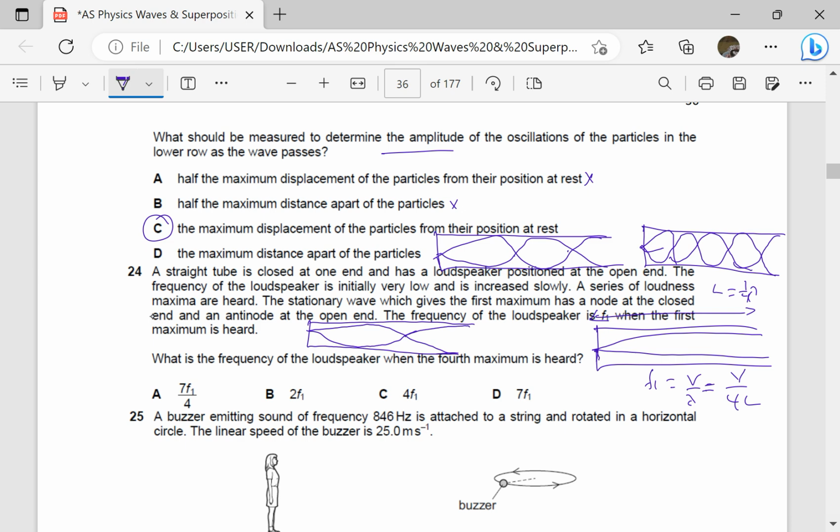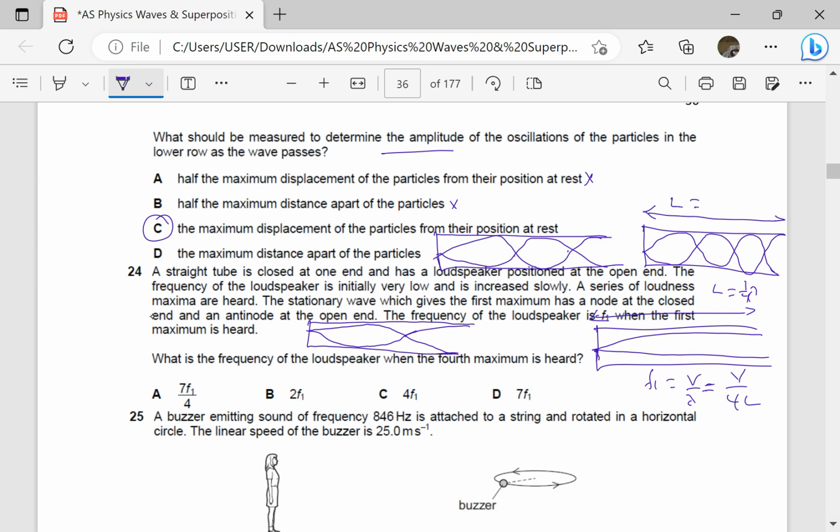One, two, three, no, these are too many. I must introduce a fourth node. Now I have 4 nodes, so that is the fourth maximum. So I'm interested in this one here.